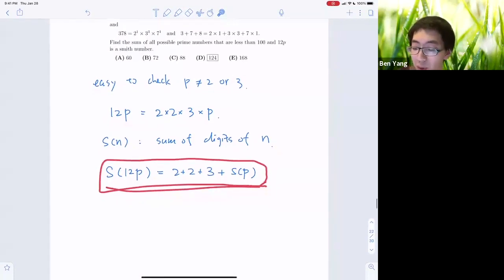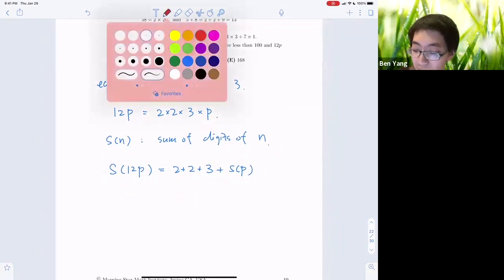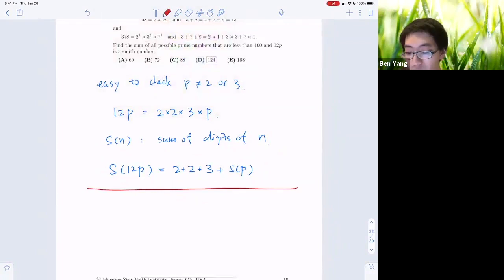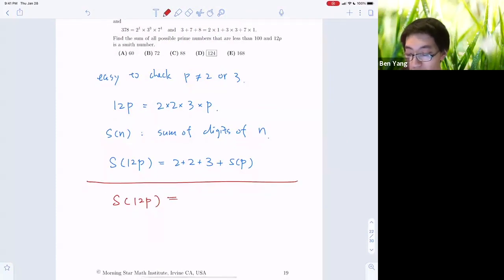All right, so here's the trick. Whenever you see the sum of digits in a question, the first thing you should think about is to consider its remainder mod 9. So let's do that. S(12P) is congruent to 12P mod 9.